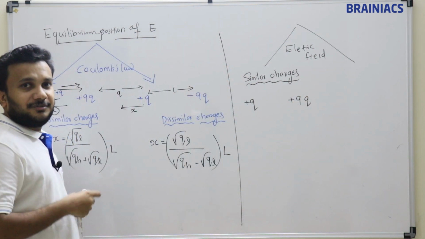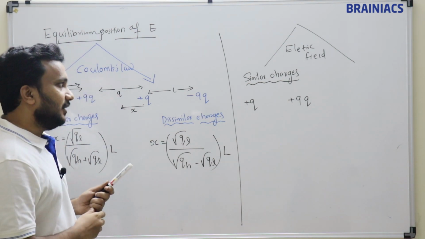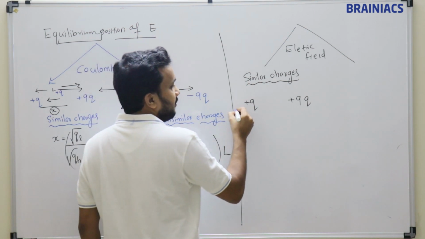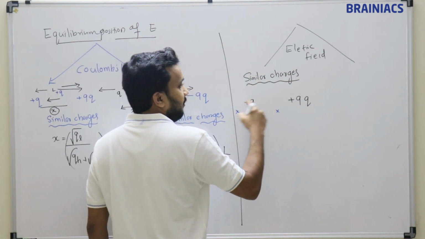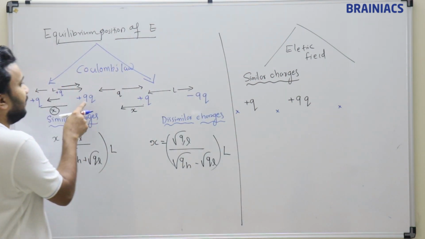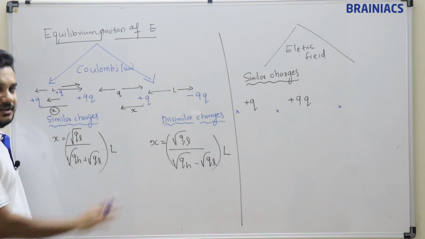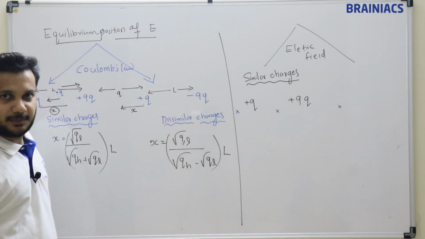So the electric field intensity we are finding with respect to a position. Now here also we have three positions, left, in between the two charges, and the right side positions. Here I told the equilibrium position is always in between the two charges. Same case also here it is applicable.